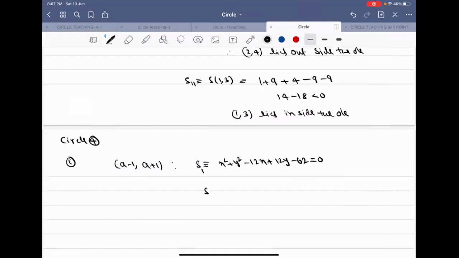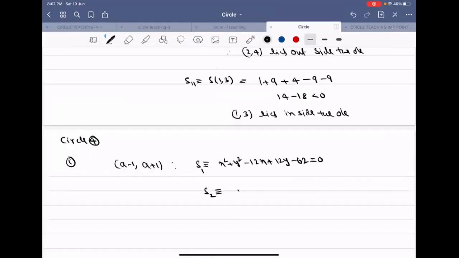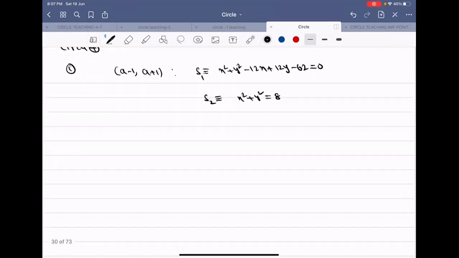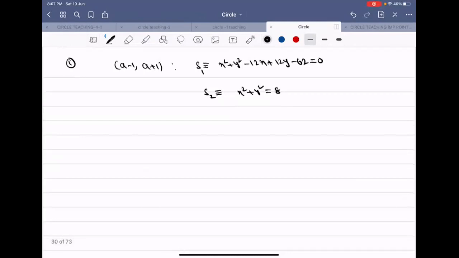The circle S2 is x square plus y square equals 8. Now we need to find the values of the parameter a for which the given point lies inside the circle S1 but outside the circle S2.